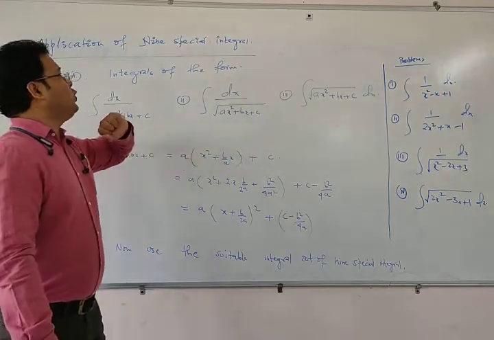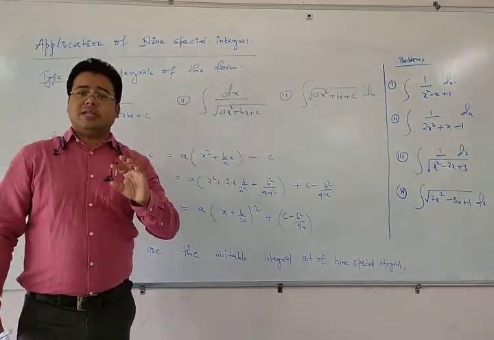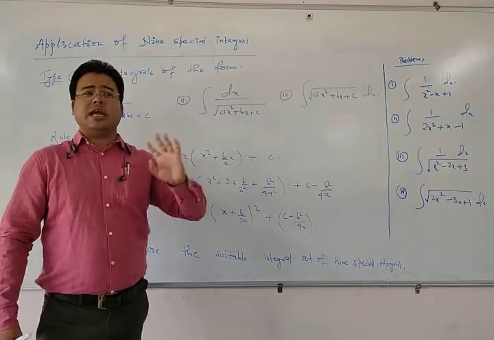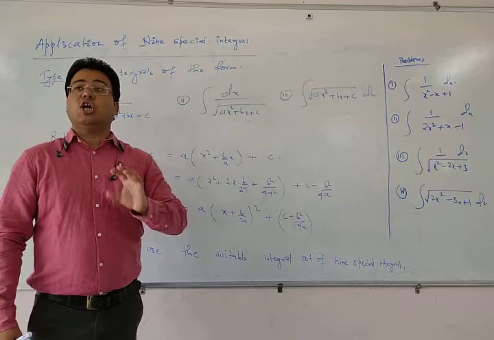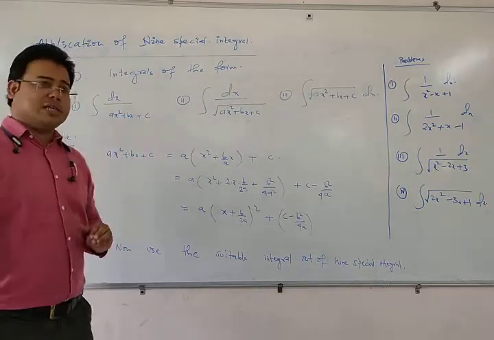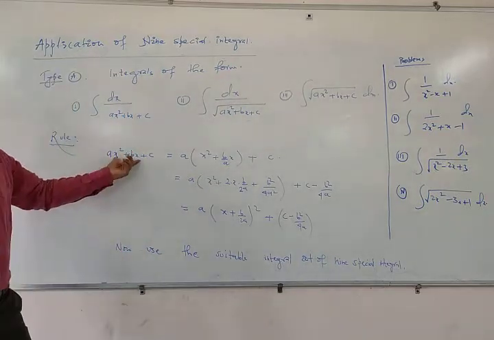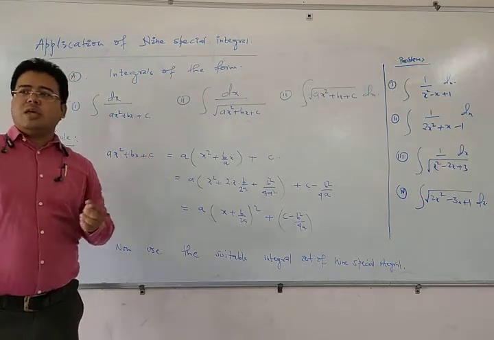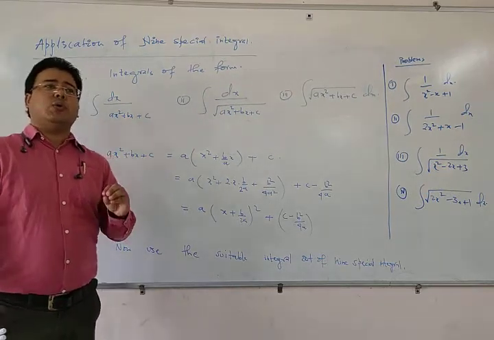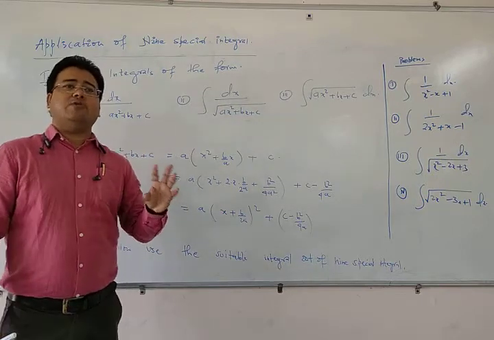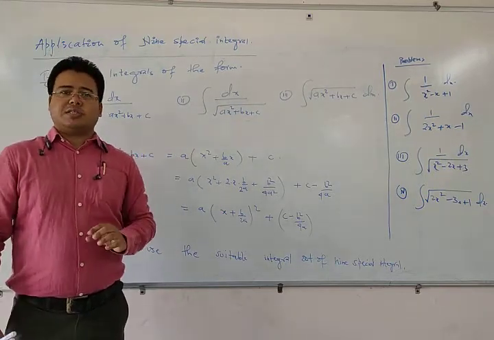Then how can we use the 9 special integrals? Before using them for this type, you must know the rule behind these. This is a quadratic expression. In 9th or 10th standard, you have already seen how to solve a quadratic equation.